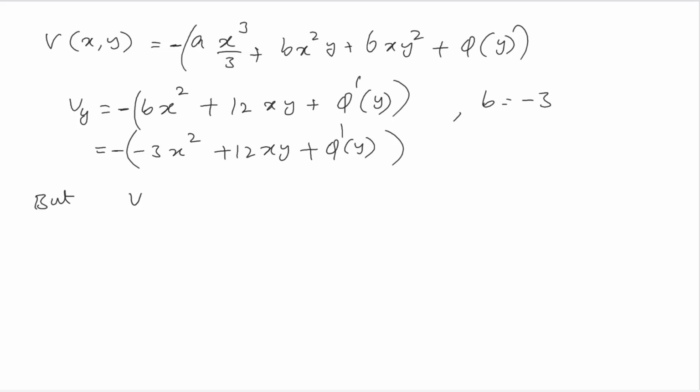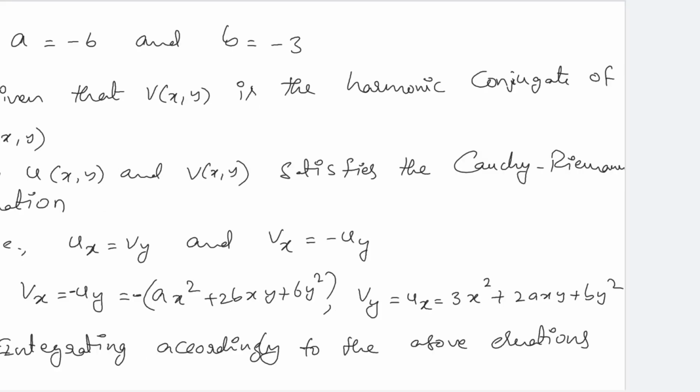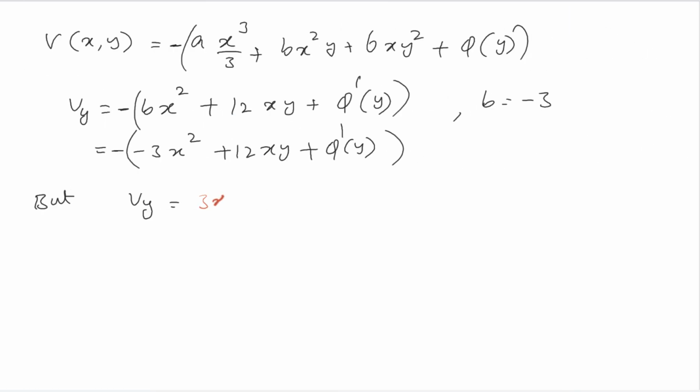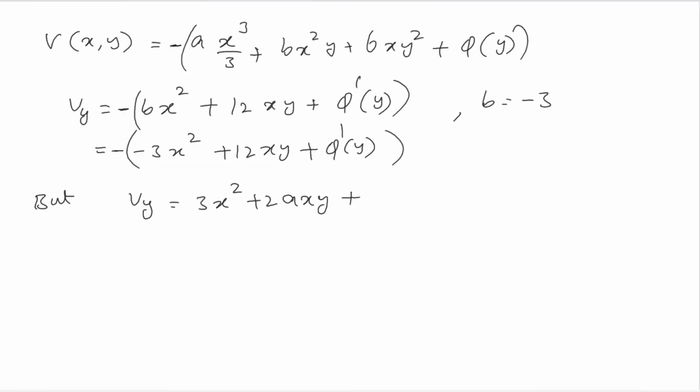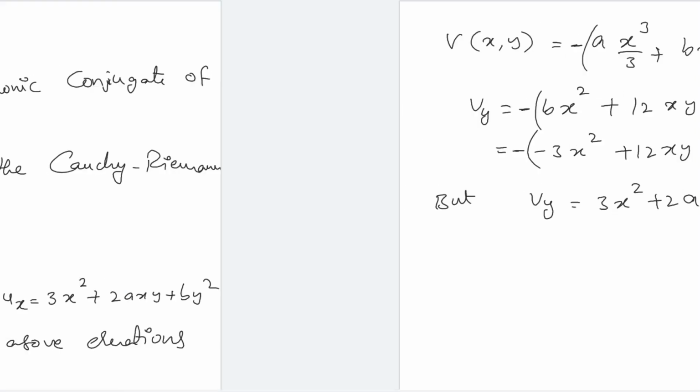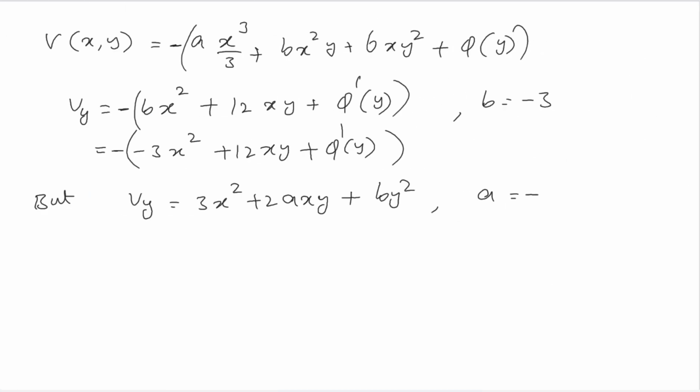But we have seen Vy is, from the Cauchy-Riemann equations, 3x square plus 2axy plus by square, where a is minus 6 and b is minus 3.